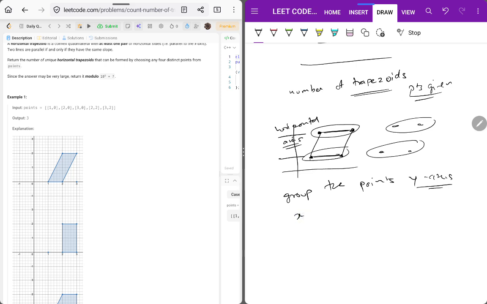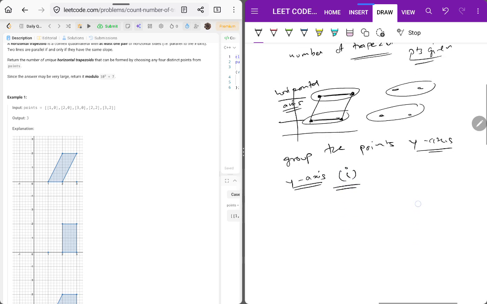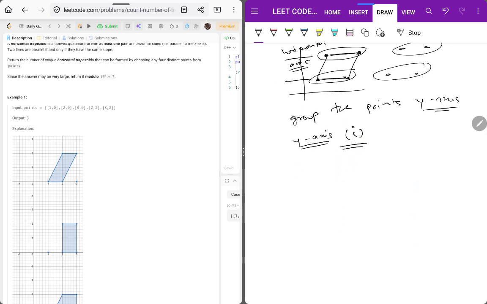So we just have to calculate the number of points that are there on the y-axis of a certain y.